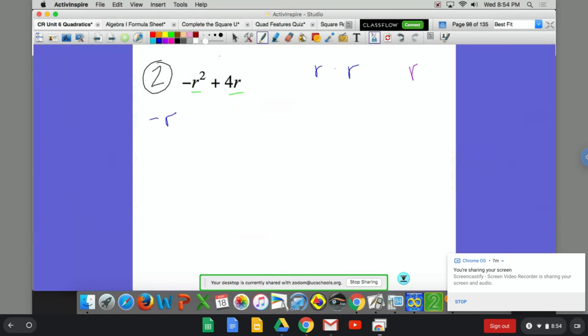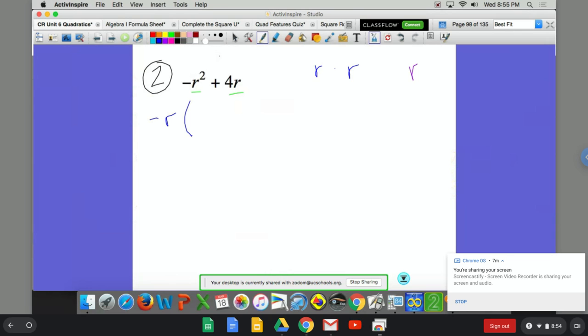So you're going to factor out an r. Now, it's negative r squared, which we really know is just negative 1r squared. So this time, we are actually not going to factor out a number. In reality, we do factor out a 1, but negative 1r is the same thing as negative r.